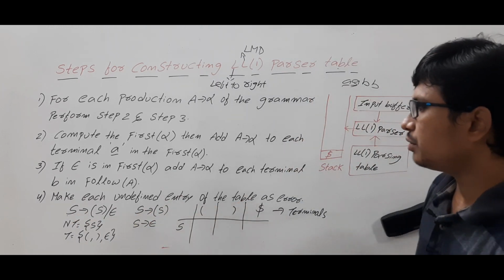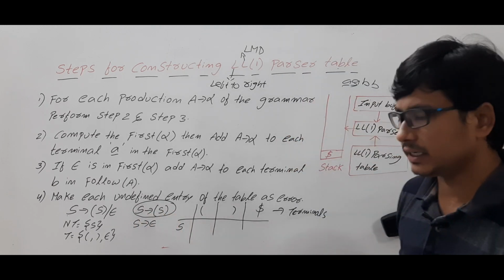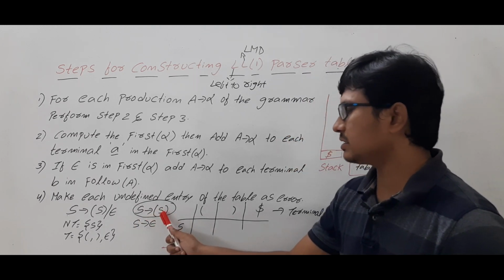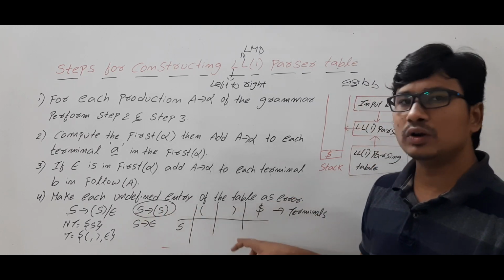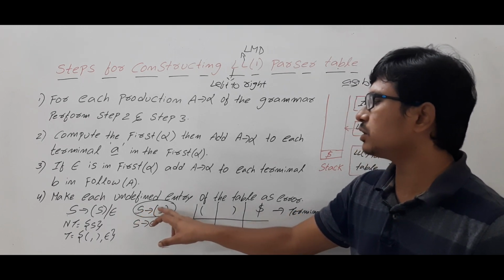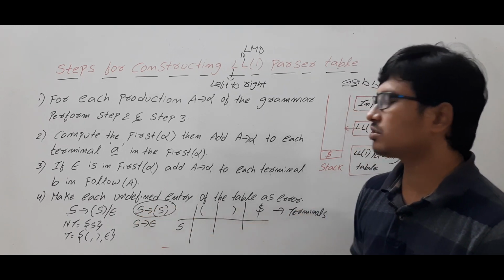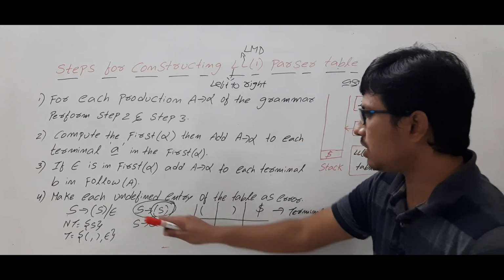S. Now, if you look at it, we have a production S → (S). So where do you want to keep this production? Is it clear? What you will do is compute the first of this one, first of alpha, because this is the alpha here.